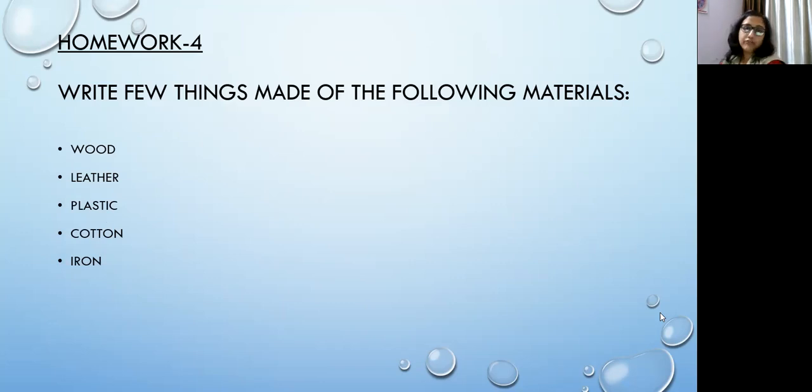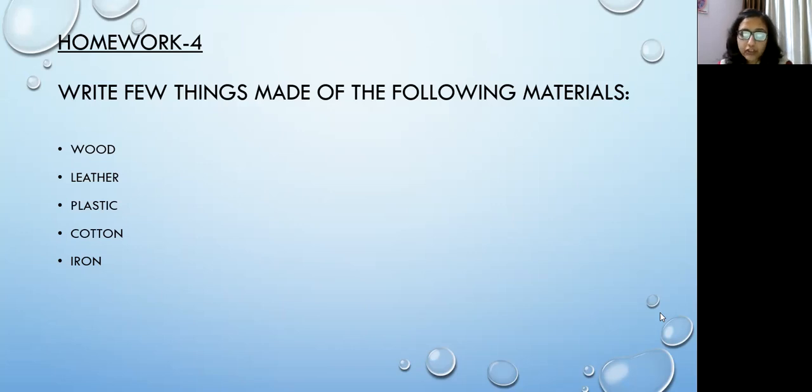So here what you have to do is, they have given a list of materials to you, and you have to write the name of the objects which are made using these. The materials provided to you are wood, leather, plastic, cotton, iron.